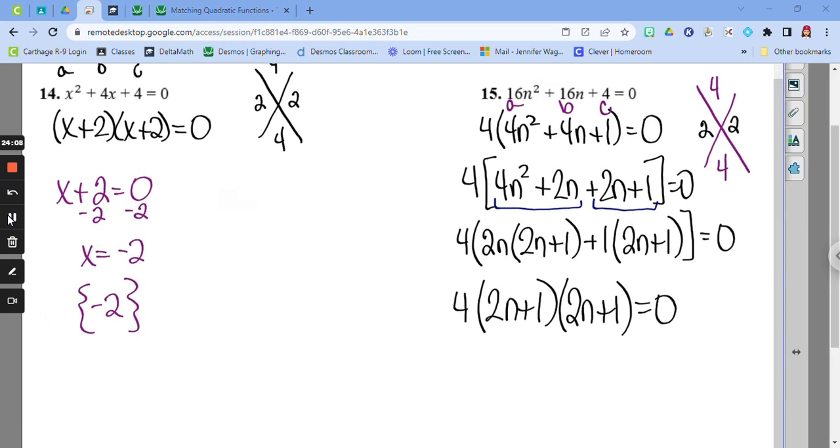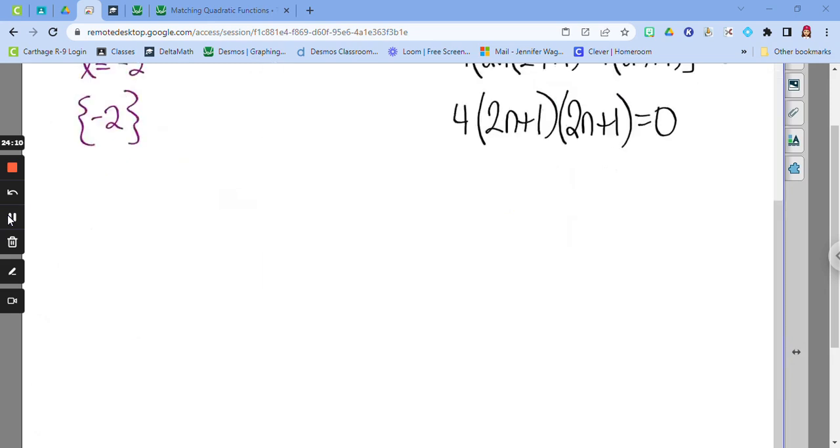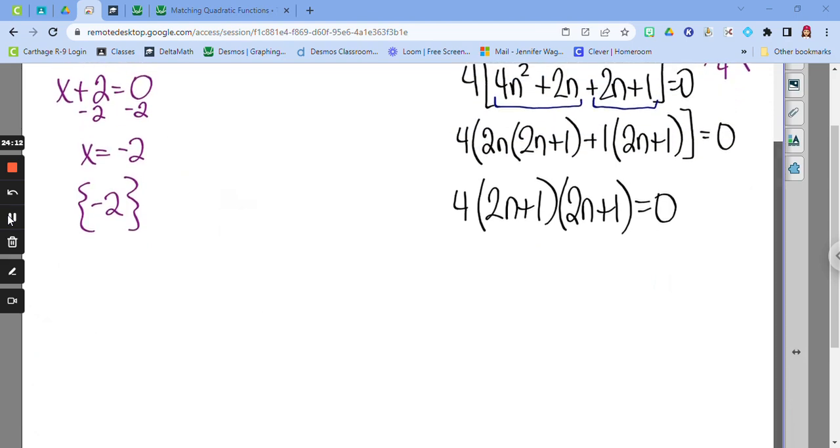Set only one of those factors equal to 0. The 4 does not have a variable, so we don't set that equal to 0. So I just set 2n plus 1 equal to 0.